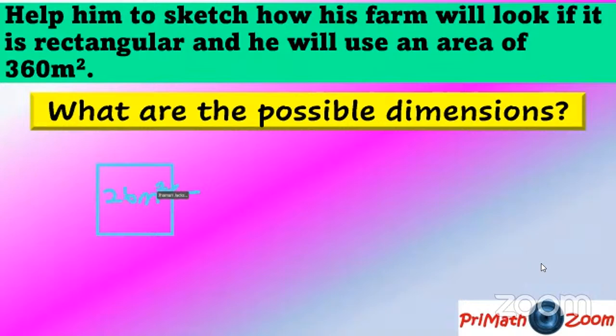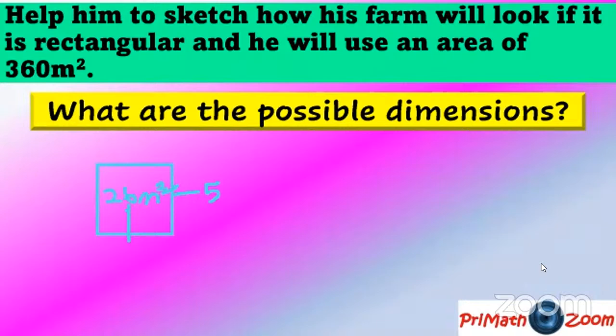Oh, you're saying 26 meters squared is the area. Yes, miss. So you're supposed to find the number that can go into it, and the numbers that can make up this total are the dimensions.